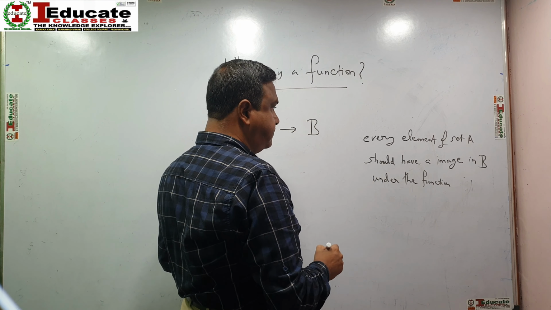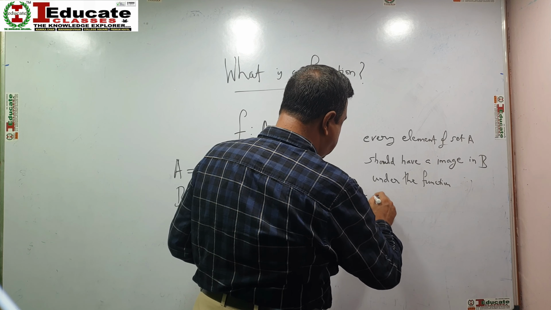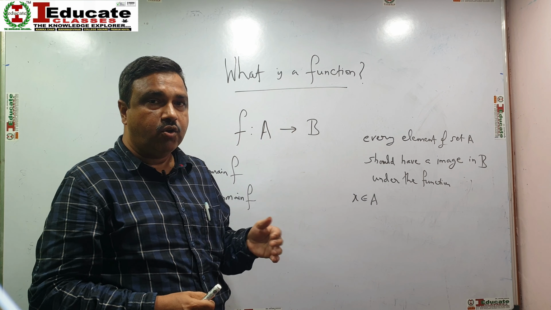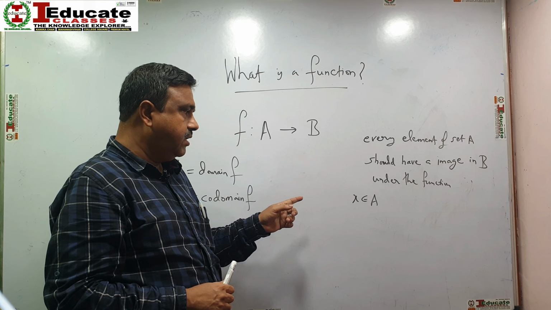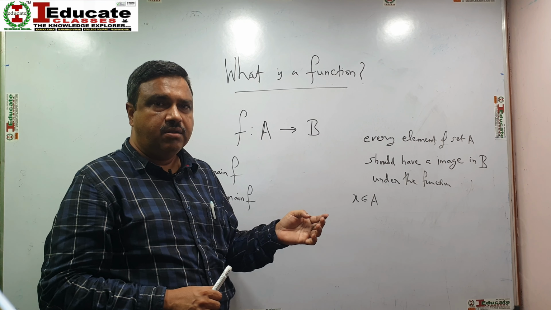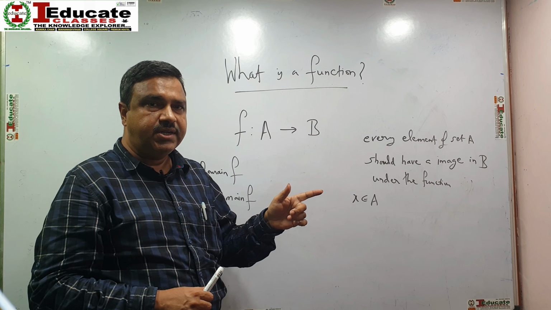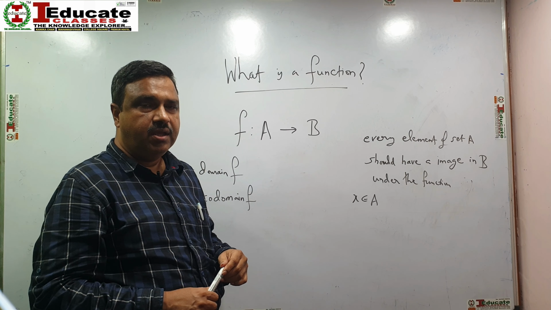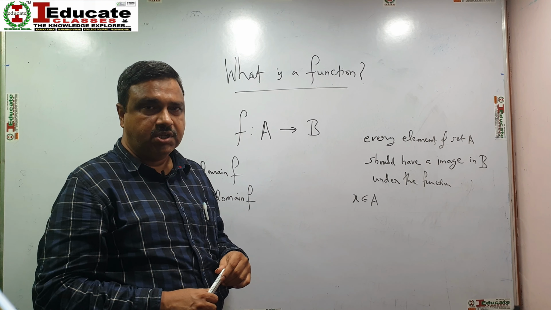So that means if you take an element x belongs to A, as I have already mentioned, A and B both are non-empty sets. Set A is called the domain of the function f, and B is called the codomain of the function f.